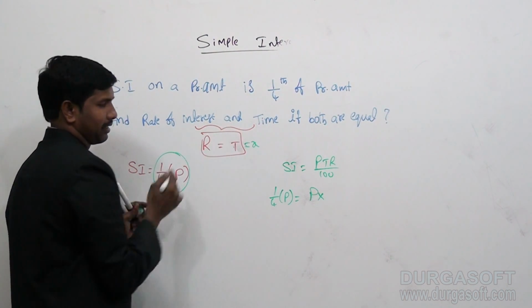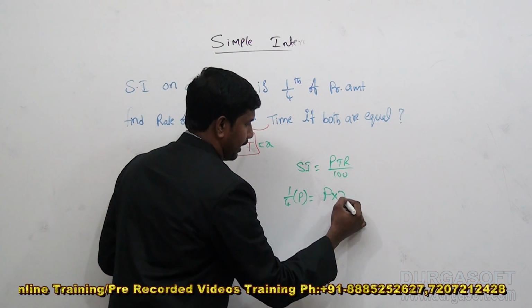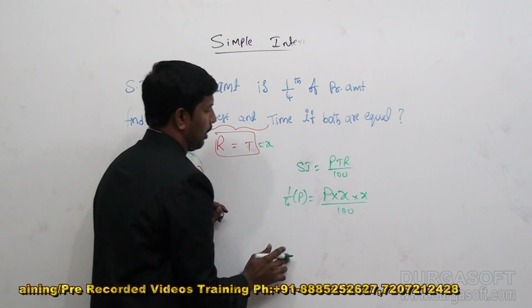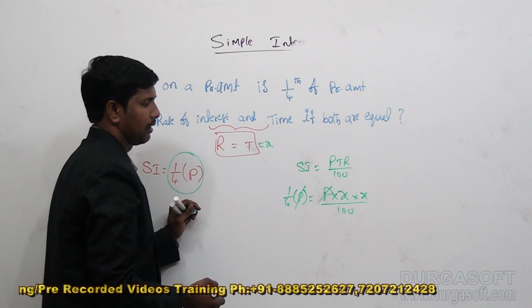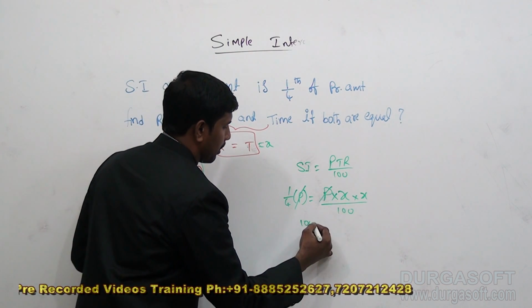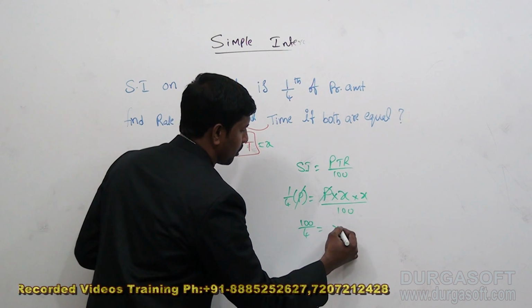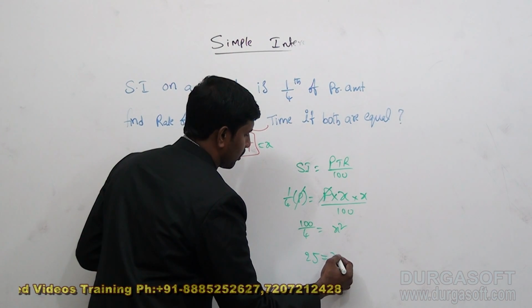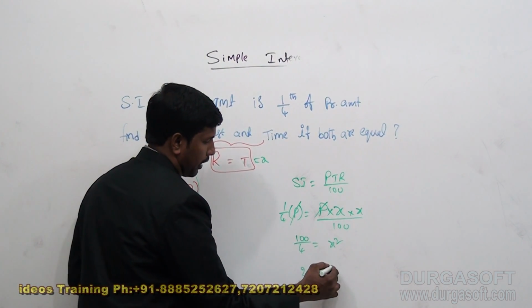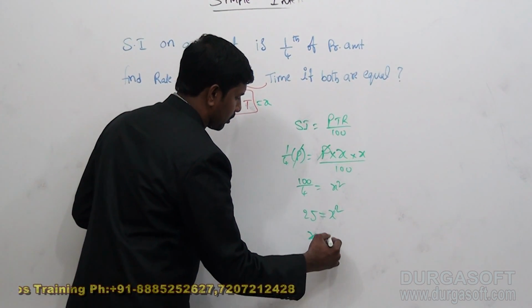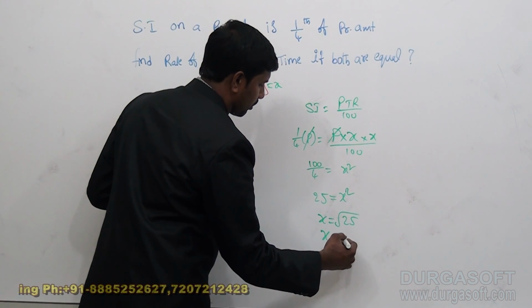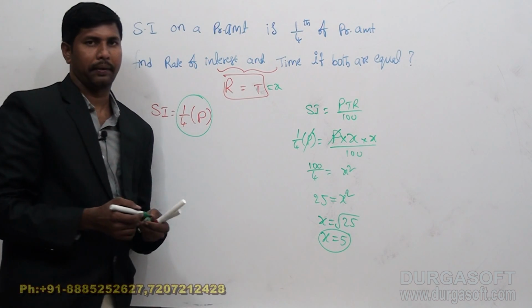Let us take it as x. So P into x into x by 100. Now P and P get cancelled. Now 100 by 4 is equal to x square, so 25 is equal to x square, and x is equal to square root of 25, and from this x is equal to 5.